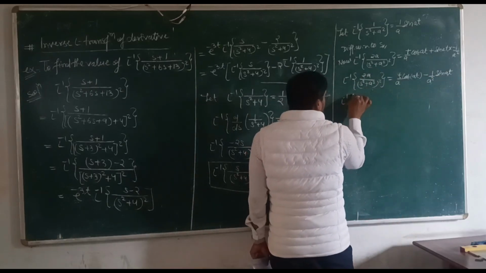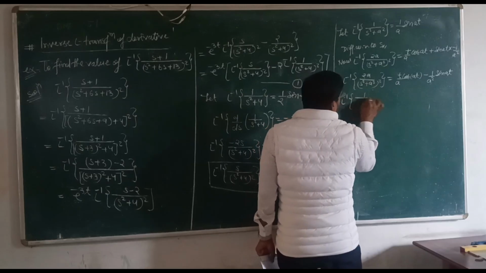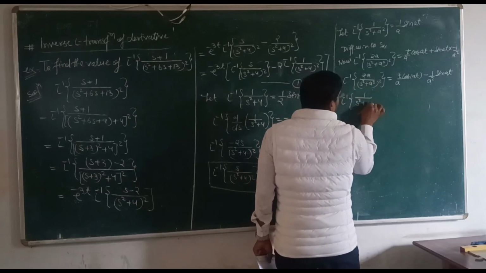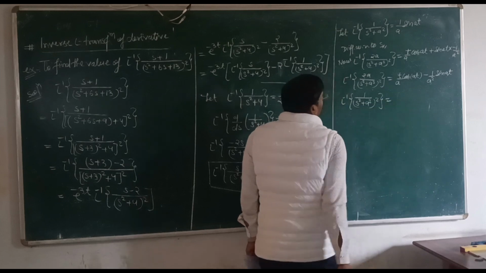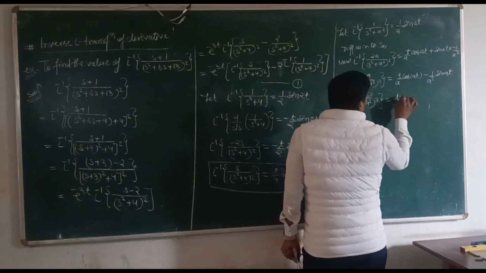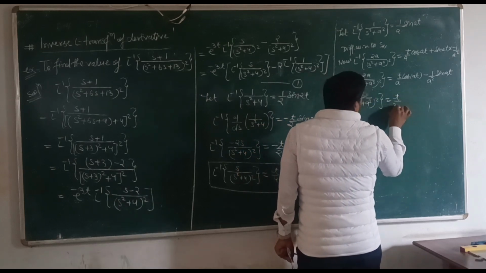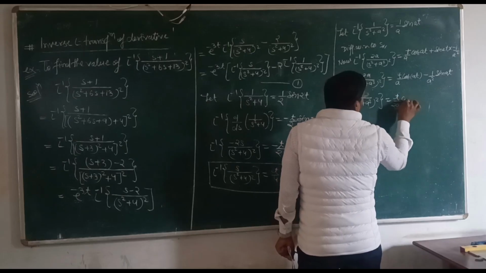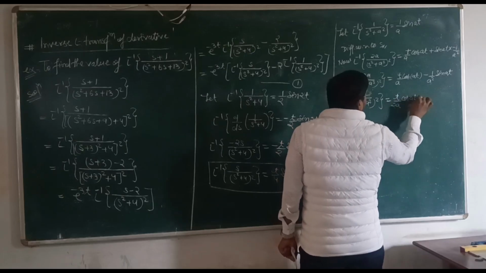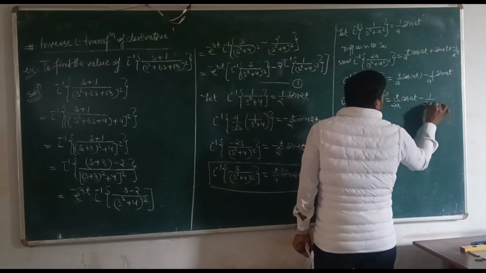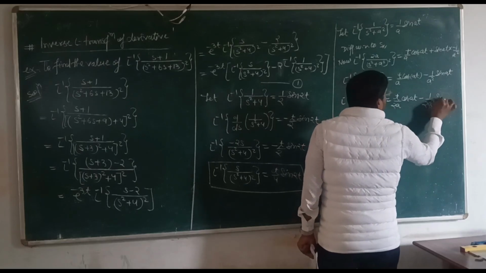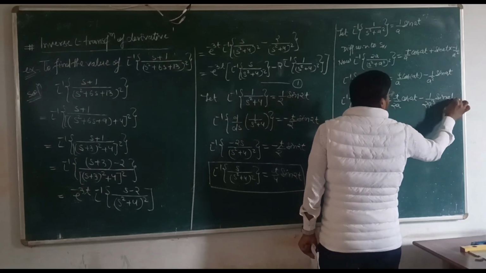Now, L inverse of 1 upon (s square plus a square) to the power 2 is equal to t upon 2a cos at minus 1 upon 2a cube sin at.